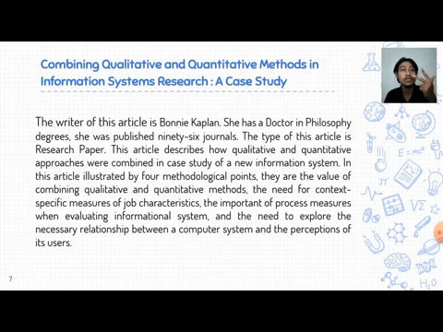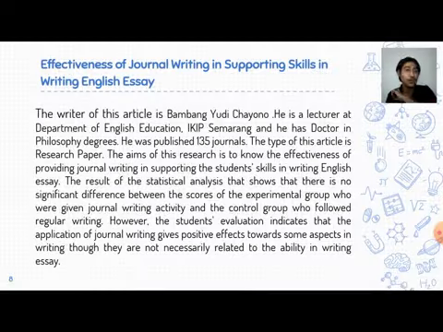The third is the importance of process measures when evaluating information systems. The last is the need to explore the necessary relationship between a computer system and the perception of its users. Let's go.